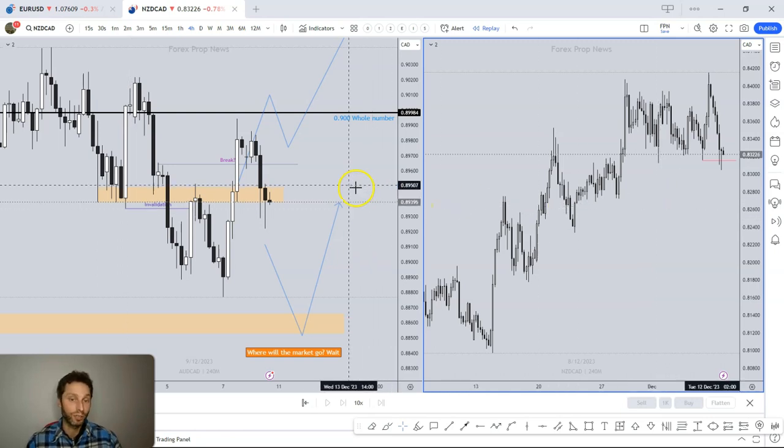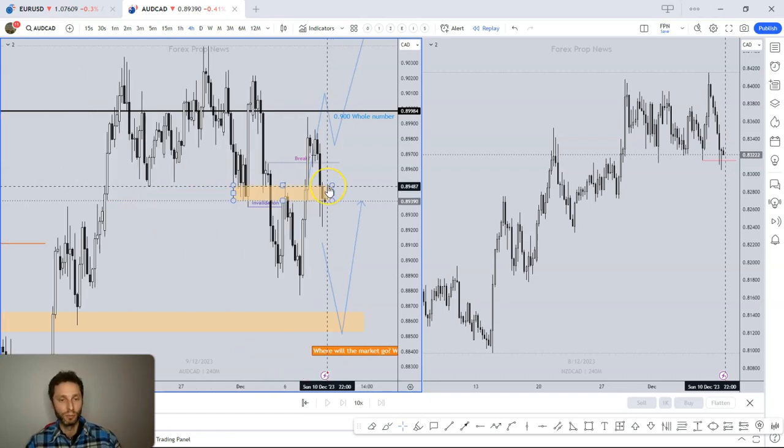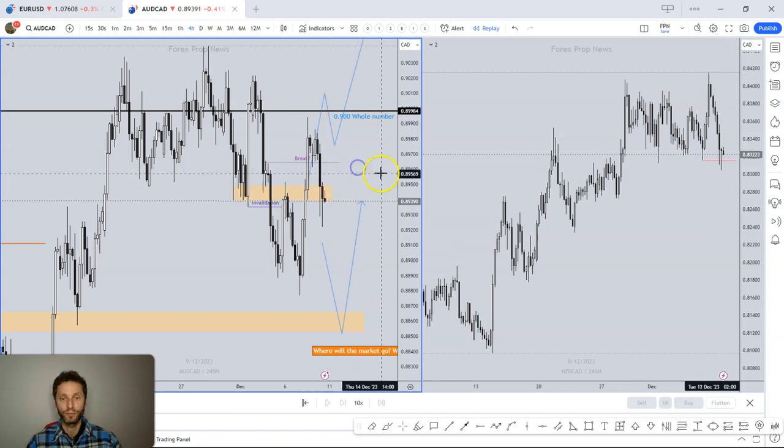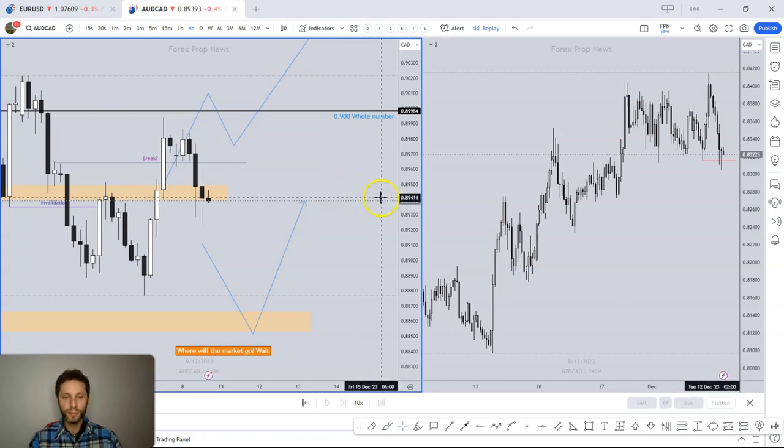It doesn't mean that the Aussie CAD trade won't work out. It doesn't mean that it will or won't or will do anything. We have no idea. But the point is just to add some more strength to the setup. Of course, the better quality it is, the more the chances are that over a series of trades, it will be positive.